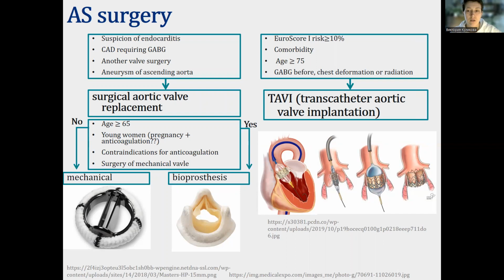In patients more than 65 years, or young women, or patients with contraindications for anticoagulation, we choose bioprosthesis. Otherwise, mechanical. TAVI is good for elderly patients with high surgical risk and previous CABG.